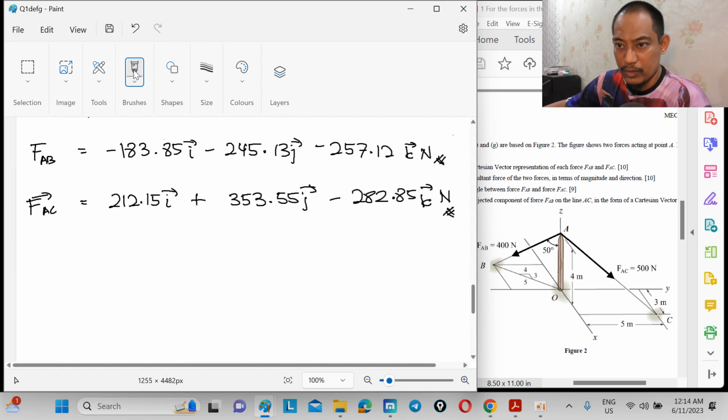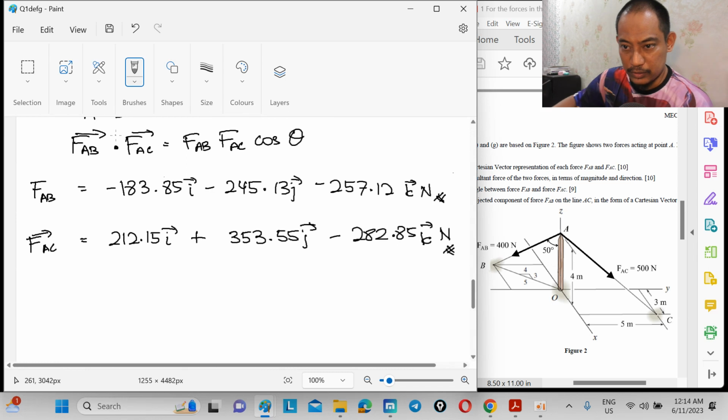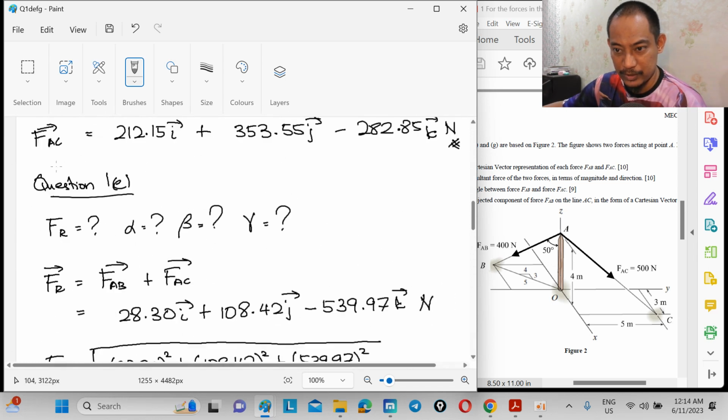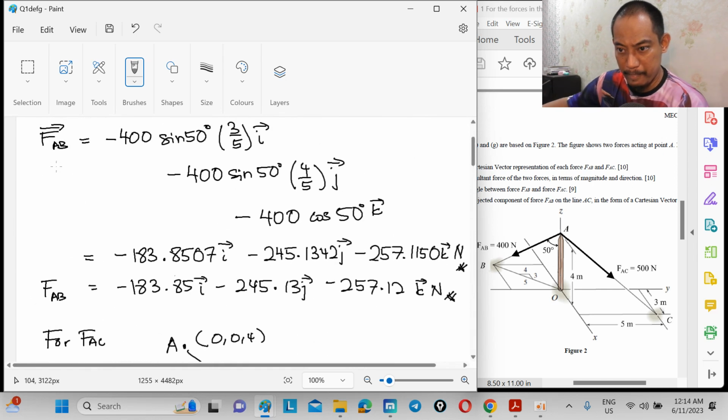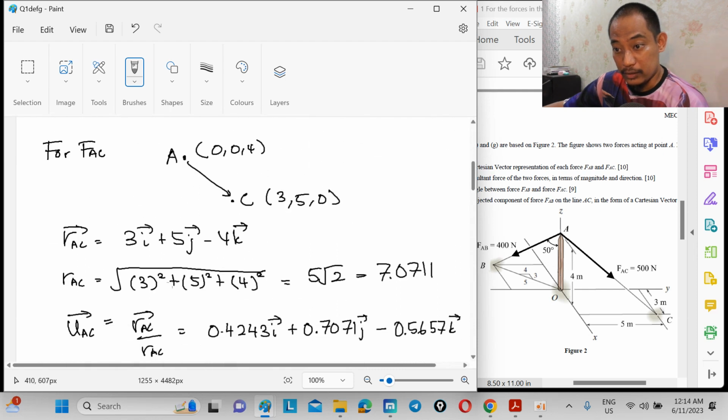Alright, so if you dot these two, sorry, this should be here, otherwise I will lose marks, because it's a vector, not a magnitude.